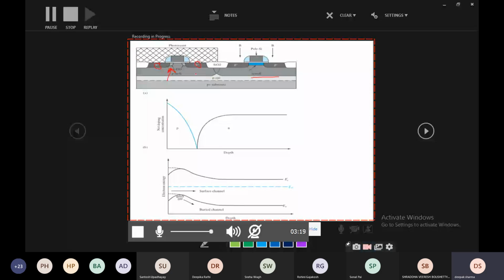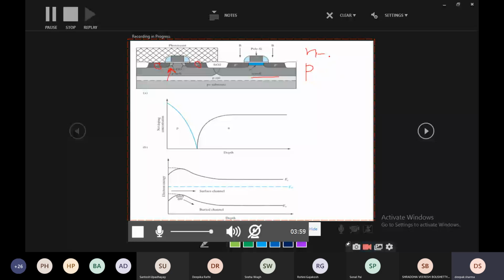So what happens is, in N MOSFET, what are the majority carriers? Can anyone say what is the majority carrier in N MOSFET? Electrons or holes? Am I audible? What are the majority carriers in N MOSFET or N channel device?